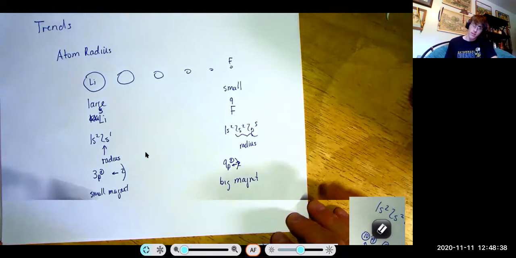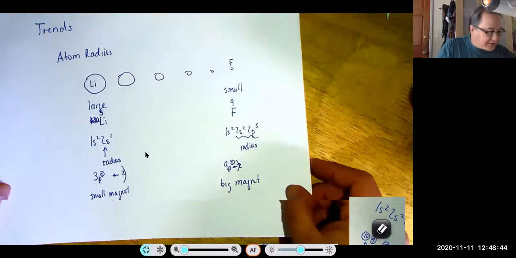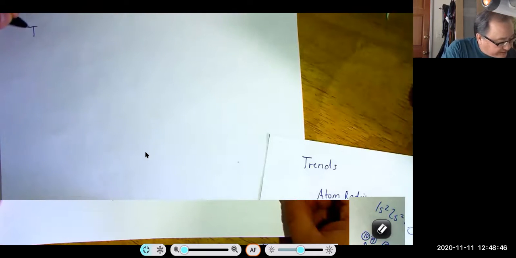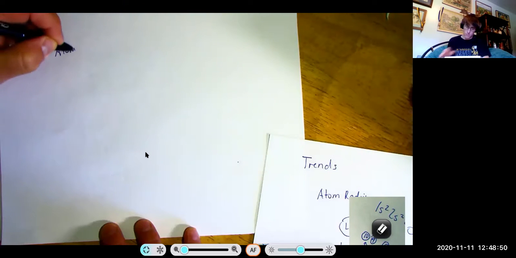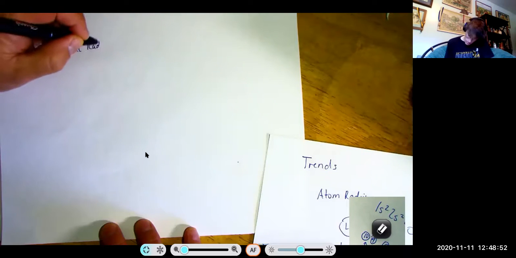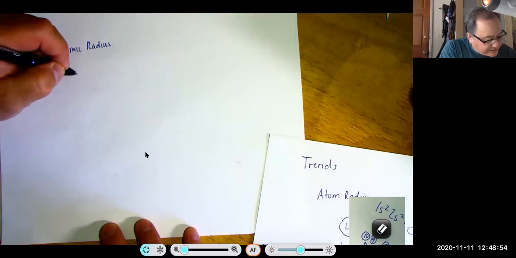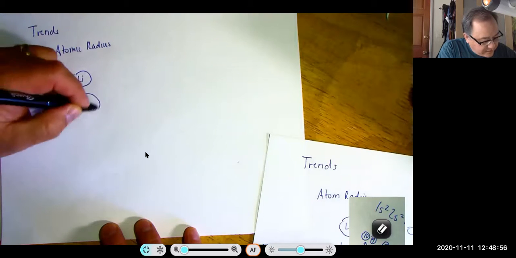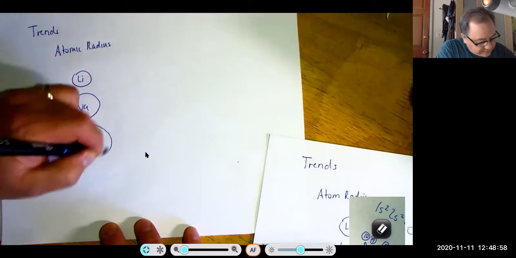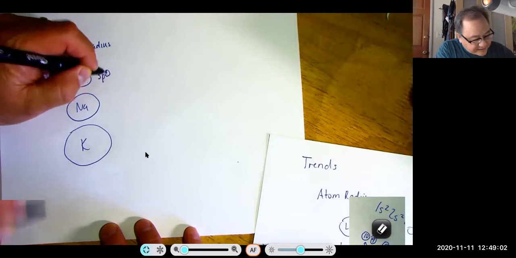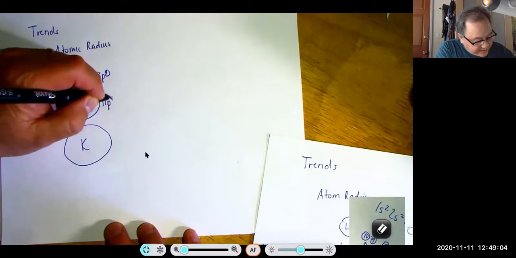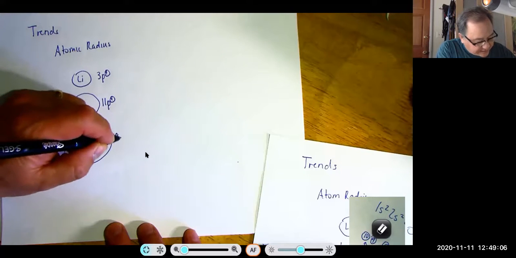Okay. Now, on the other hand, when you look at atomic radius, so we're still going to stick with atomic radius. It looks like this. Here's lithium. Here's sodium. Here's potassium. This has 3 protons. This has 11 protons. This has 19 protons.